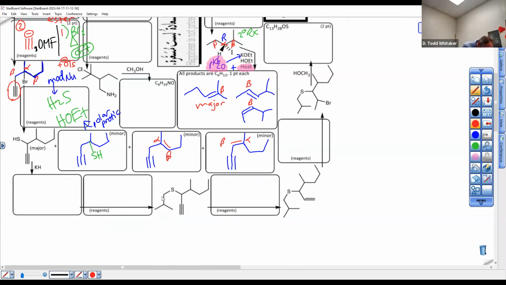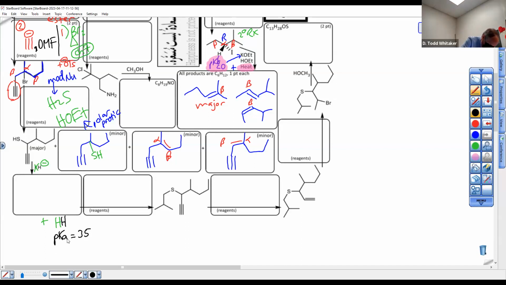What kind of molecule is KH? It's really H minus, right? What kind of reaction makes H minus into H2?